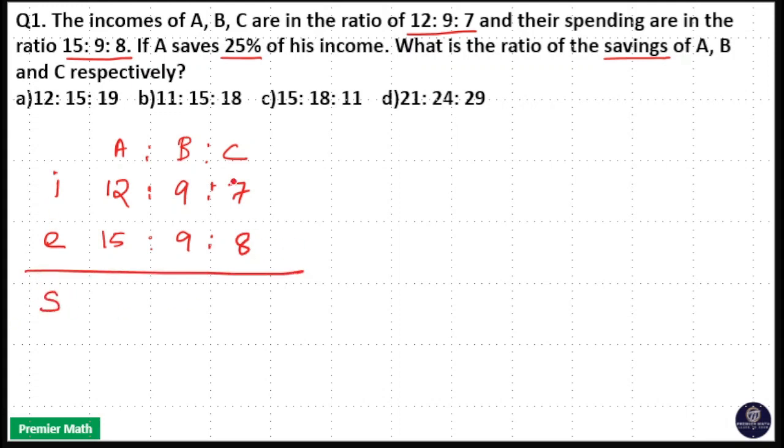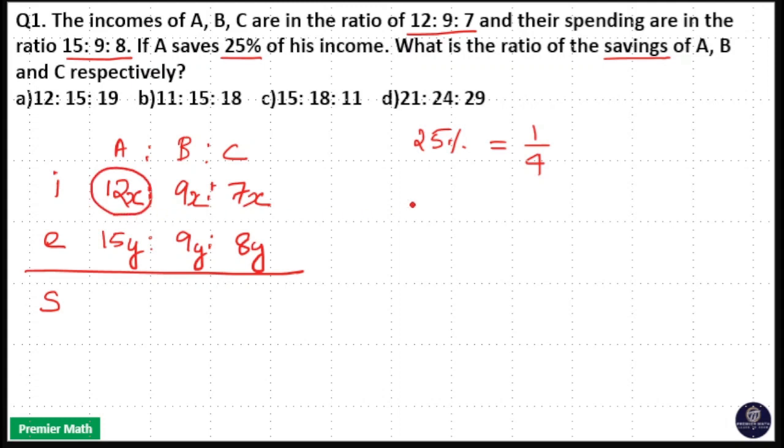Here they are saying A saves 25% of his income. 25% means 25 by 100, that is 1 by 4. So, if I take income in the factor of x and expenditure in the factor of y, that means A saves 12x by 4.